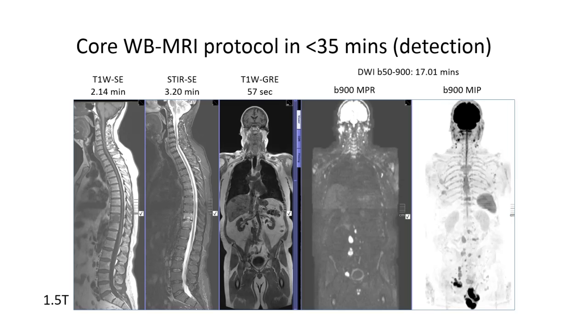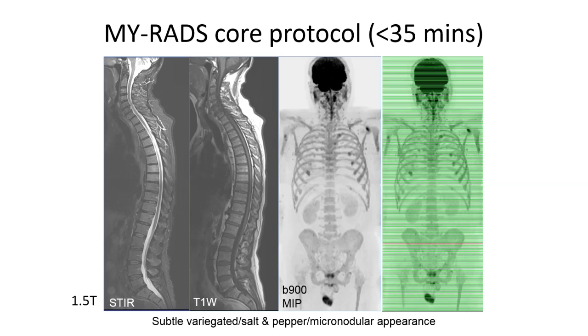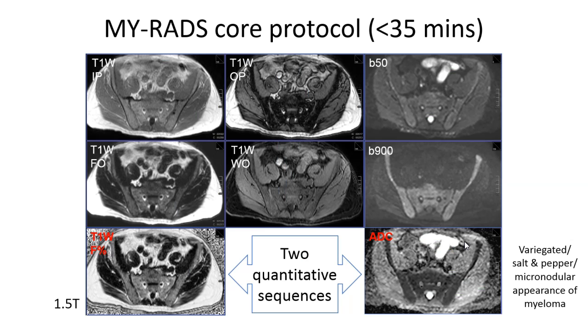So here's a core protocol as applied to prostate cancer, and here's a core protocol as applied to multiple myeloma. T1, STIR, the B900 diffusion image, and if you take a section at the level of the mid pelvis, you can see here is the axial Dixon technique in phase, opposed phase, fat and water images, and you can see a mandatory reconstruction of a fat fraction image.